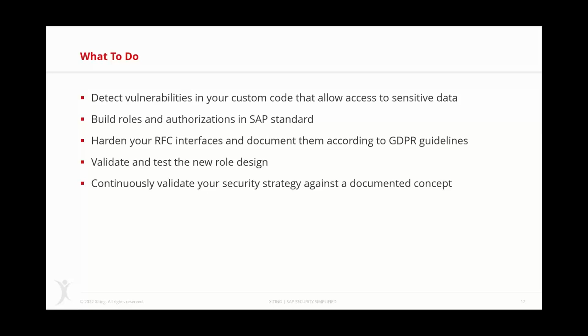What do I mean by building the roles the right way so we can document roles, so that the role concepts, not just for our end users but also for the RFCs, are sustainable and maintainable in the long run, and that we always have proper transparency to see and document what the roles do, what the roles authorize the end users to do at the end of the day.